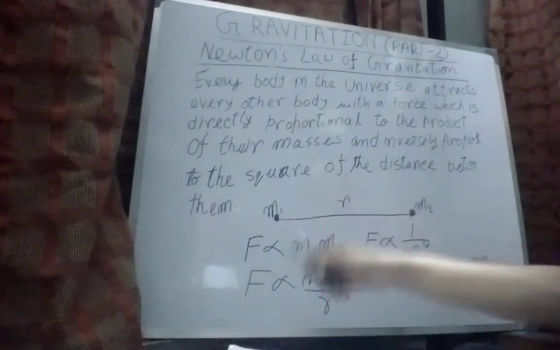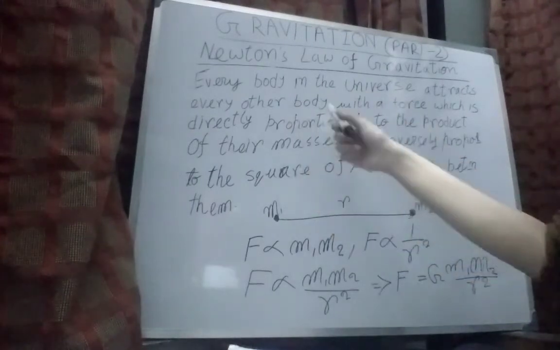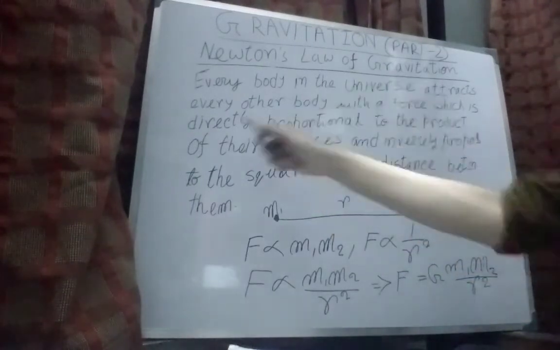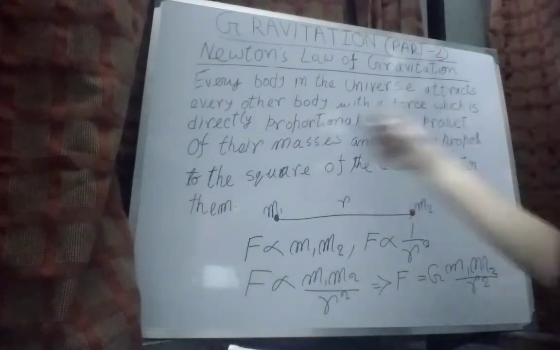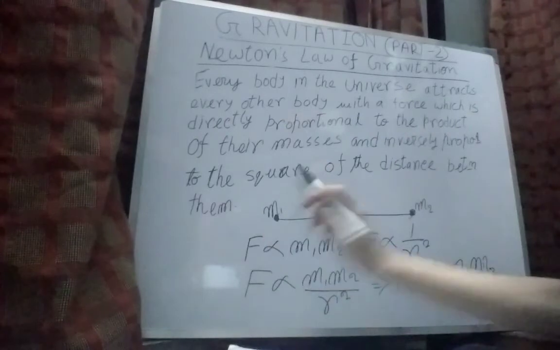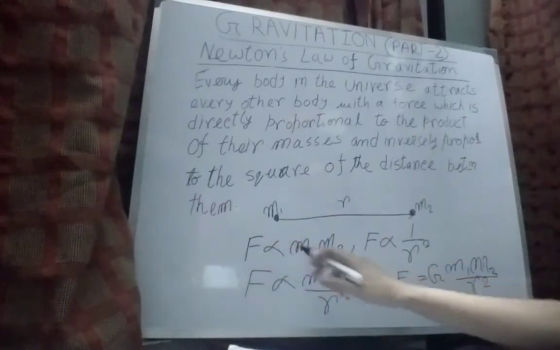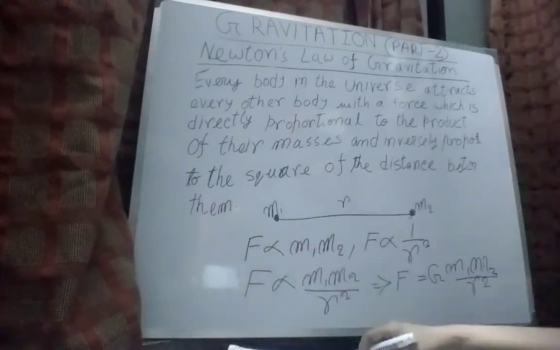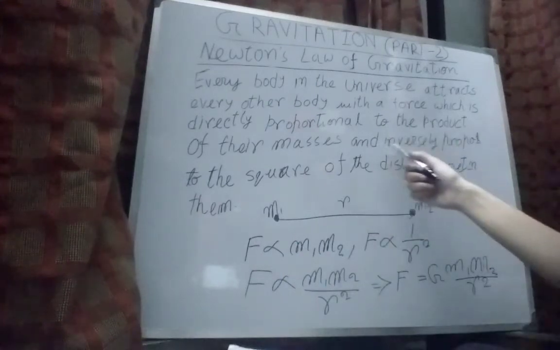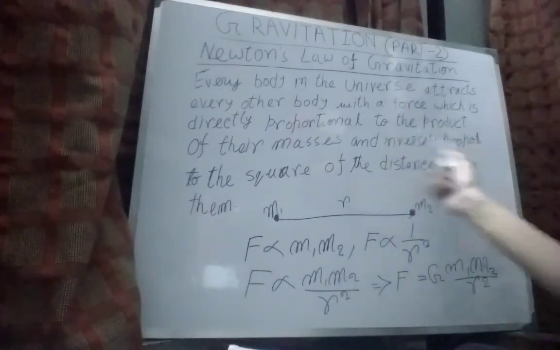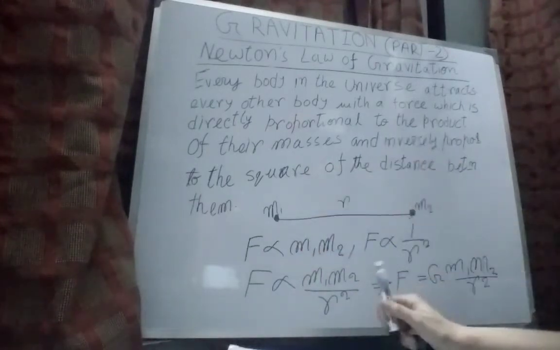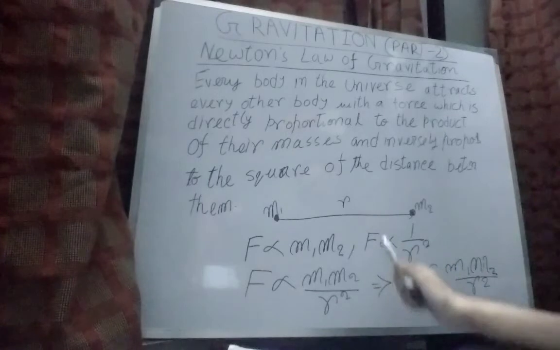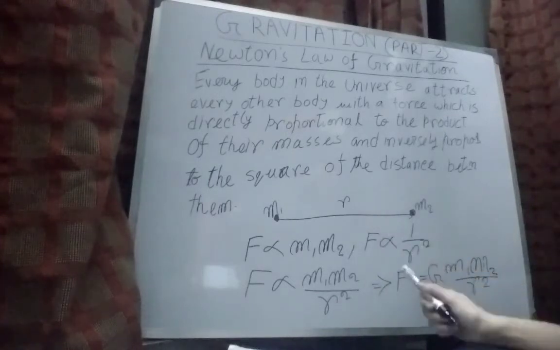According to the law, the force is directly proportional to the product of their masses, so we can write that F is proportional to m1 m2. It also says that the force is inversely proportional to the square of the distance between the two objects, that is F is proportional to 1 by r square.